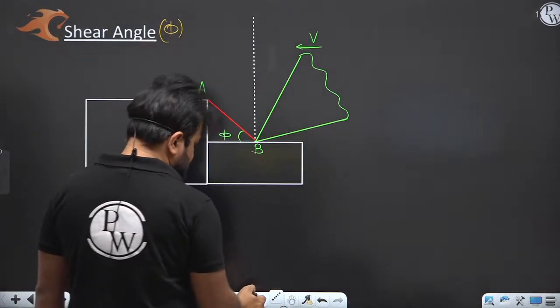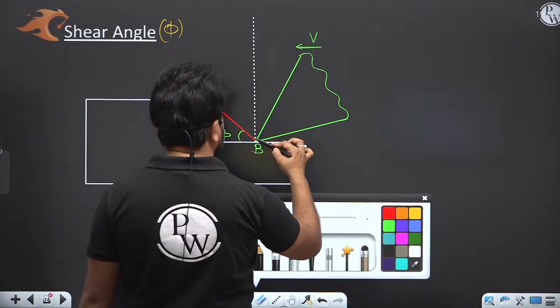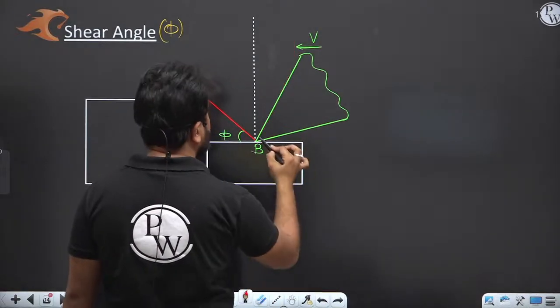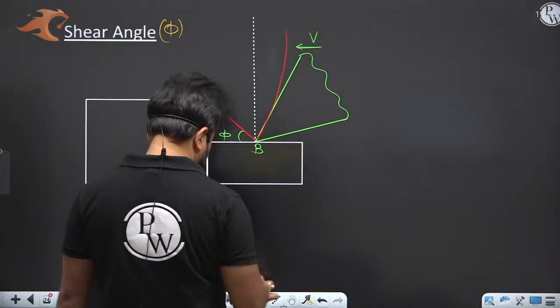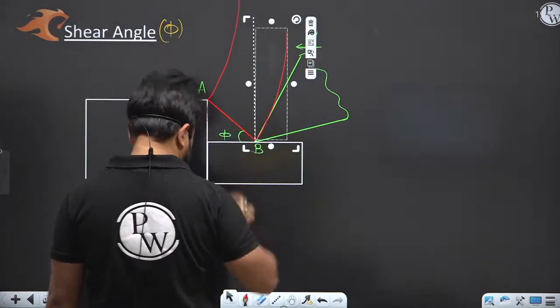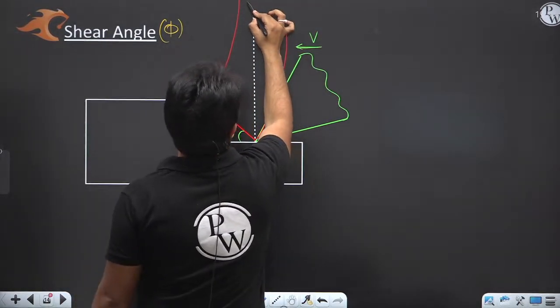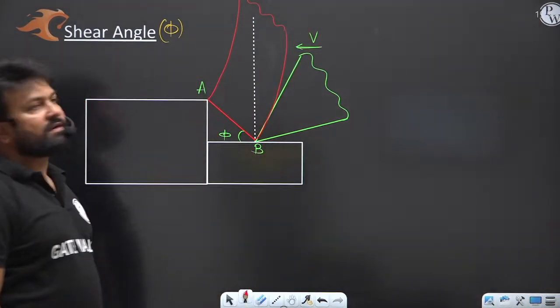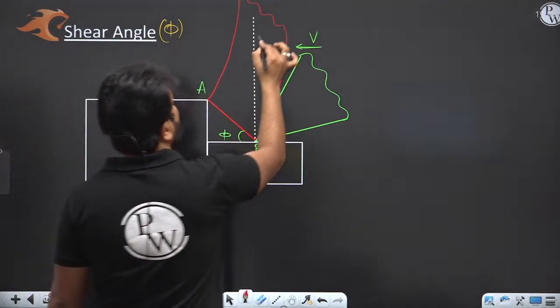Now you can see the chip is moving in the upward direction.